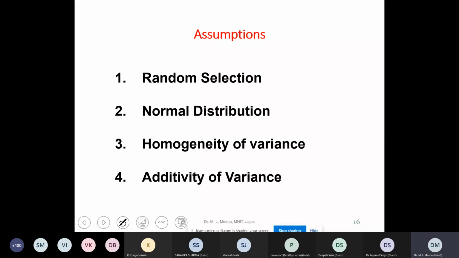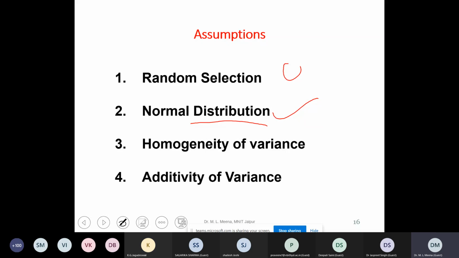So first is random selection. Samples are randomly selected. Second is normality. The independent variable should be normally distributed. Third is homogeneity of variance.